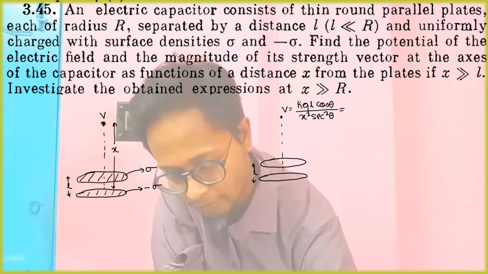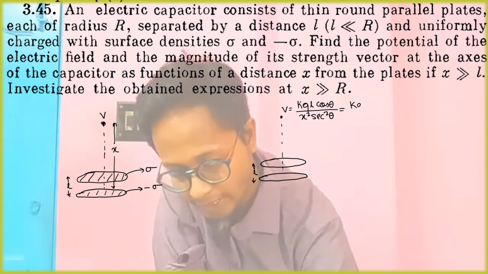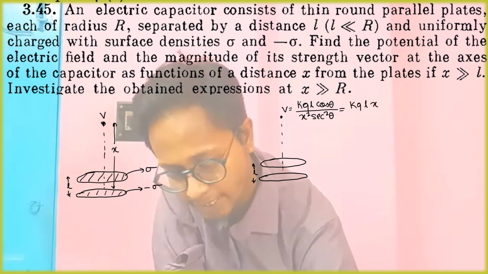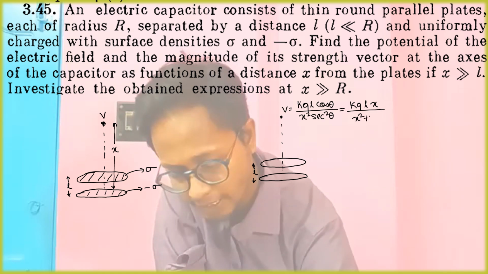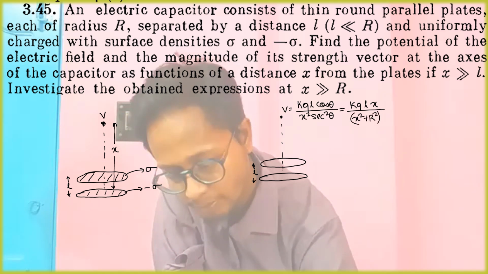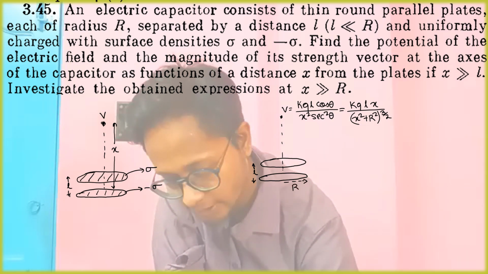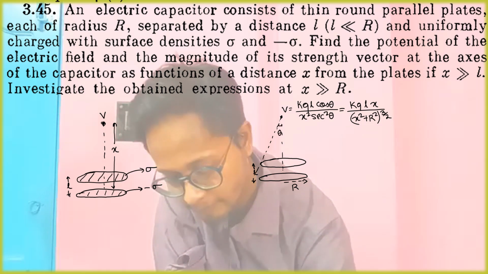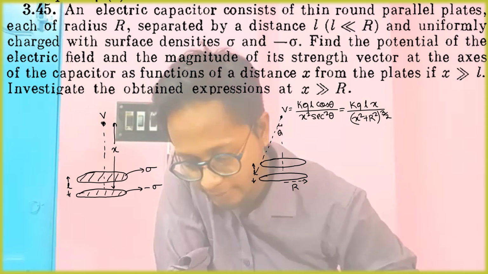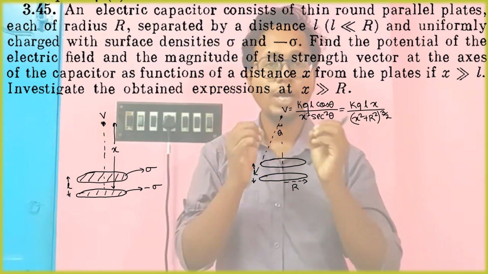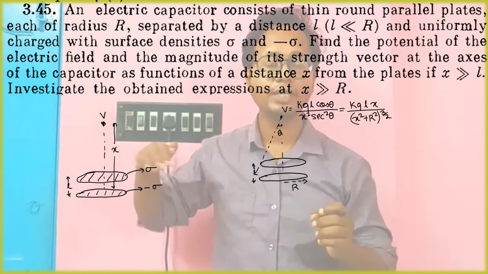Which was later simplified to k q l x by (x square plus r square) to the power 3 by 2, where r was the radius of the ring. Theta was the angle at the point with respect to the midpoint between the plates.